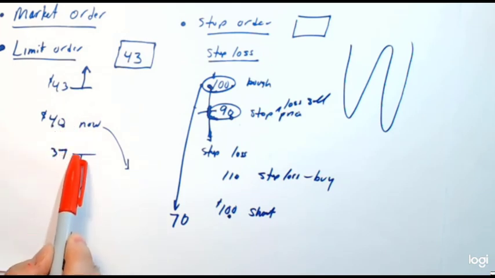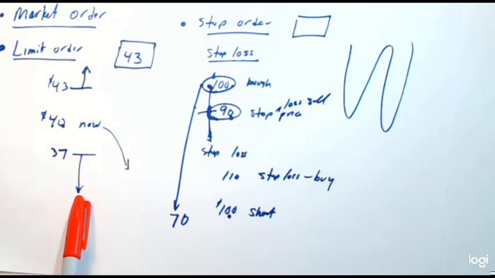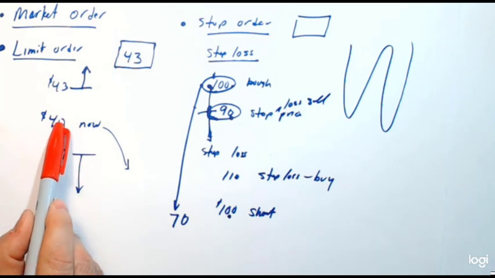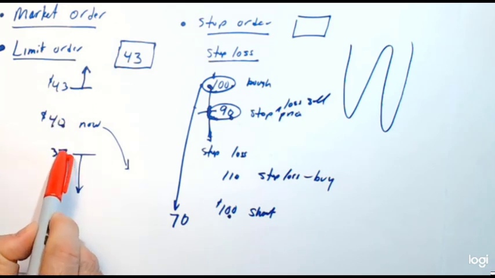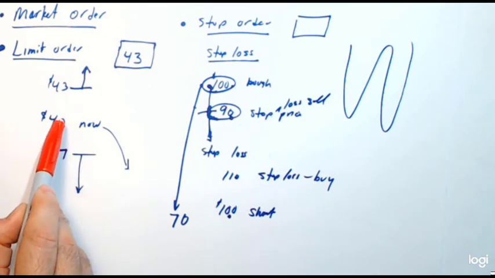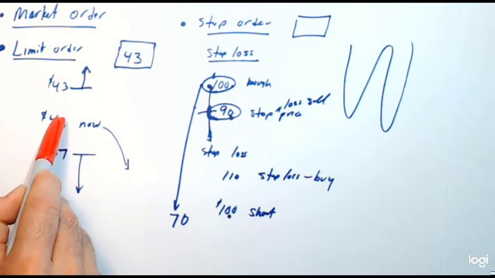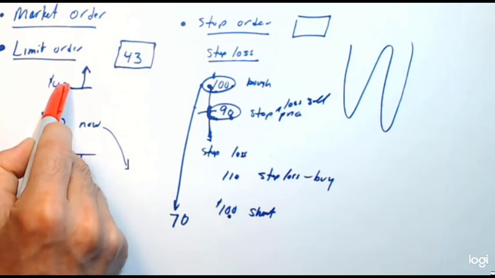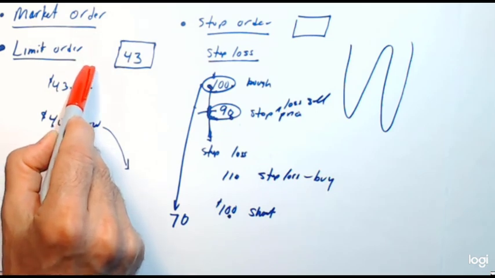That means you're going to get the stock at 37 or less. This order is not in the market, so to speak, because the price is at 40 and you're waiting for it to drop to 37. The other example that I gave is the limit sell, where the stock is at 40 and you're going to sell it if and when it hits 43, for 43 or more.